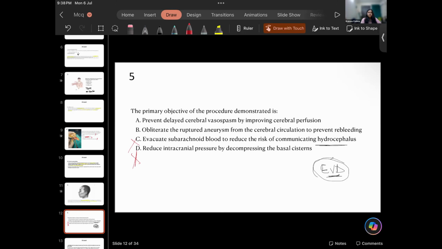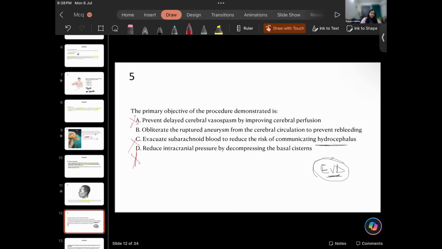Prevent the delayed cerebral vasospasm by improving cerebral perfusion. Basically, we are obliterating the aneurysm and trying to prevent the initial rebleeding. So there is no role of the endovascular clipping in improving the cerebral perfusion, or in any way causing delayed cerebral vasospasm.